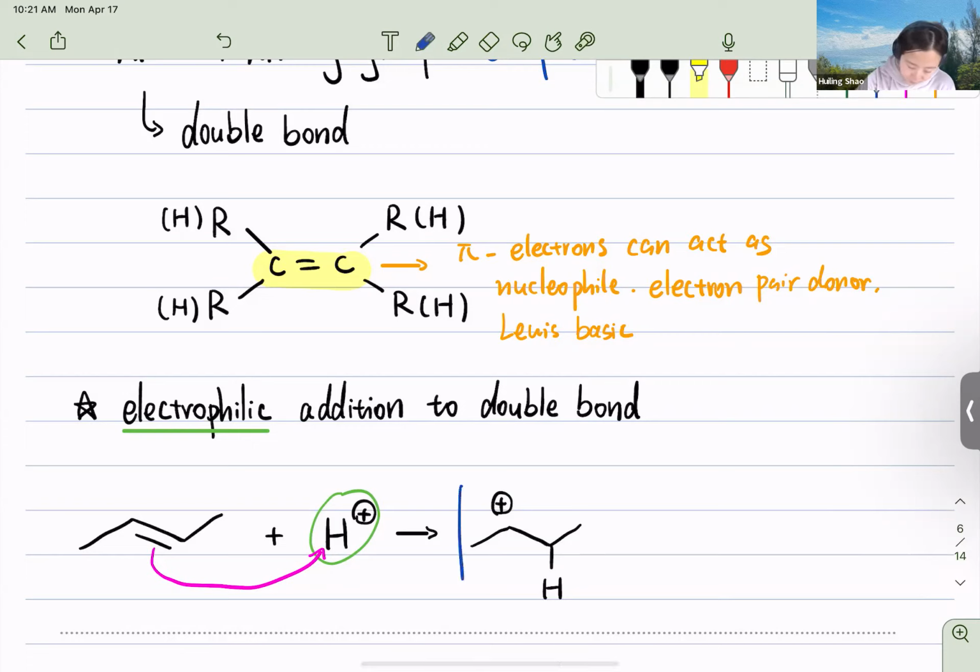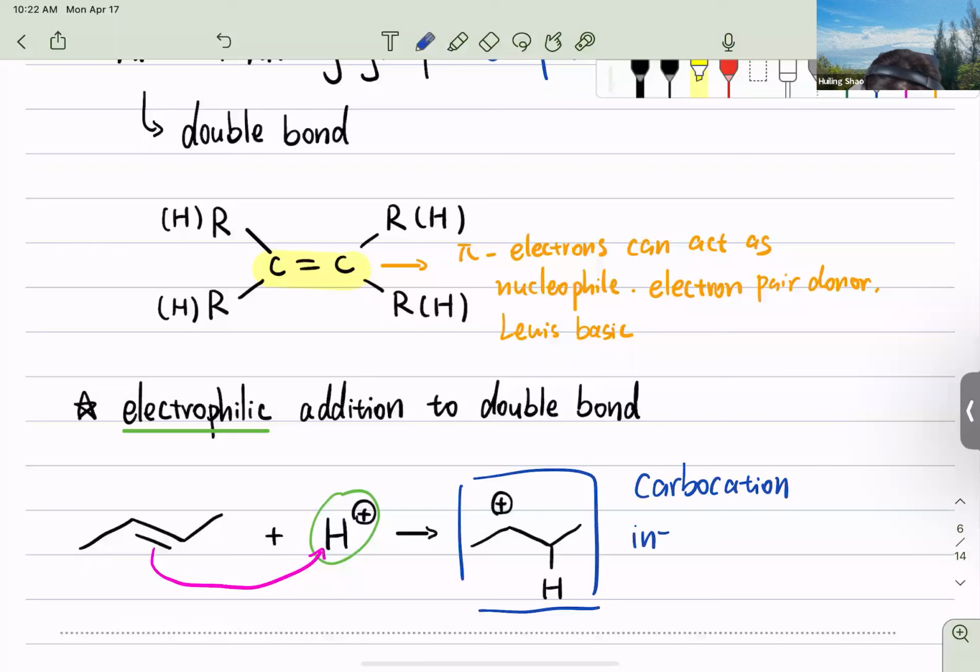And what we end up with here is a carbocation intermediate.